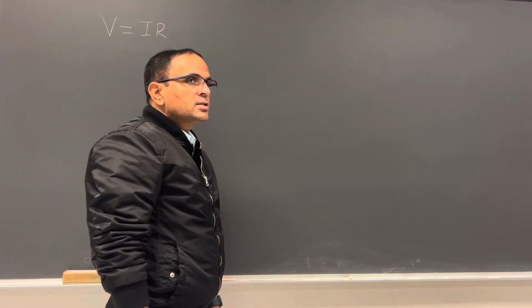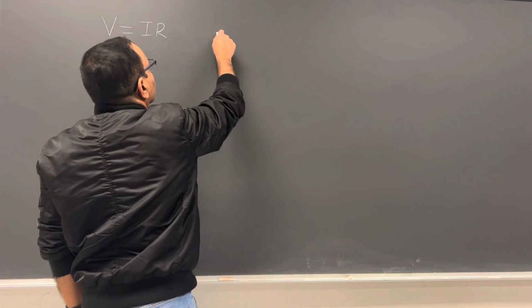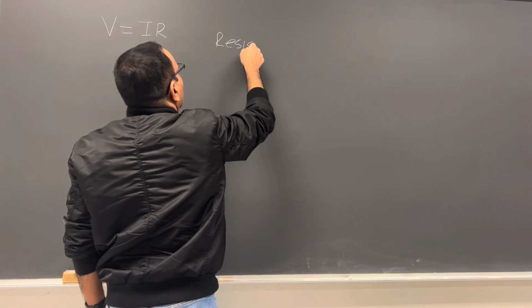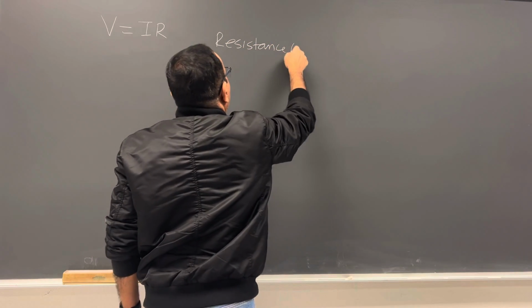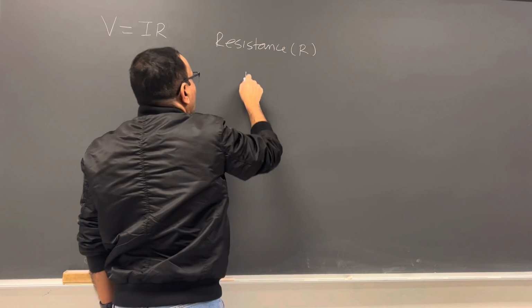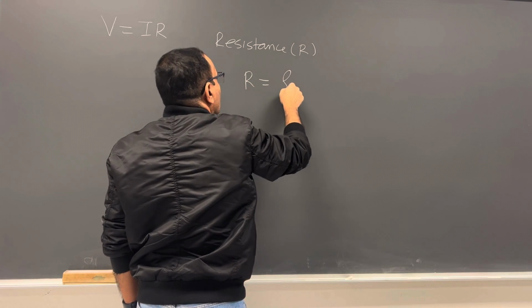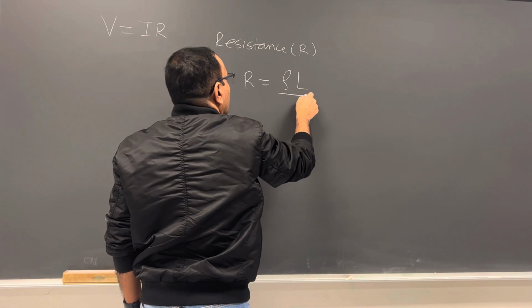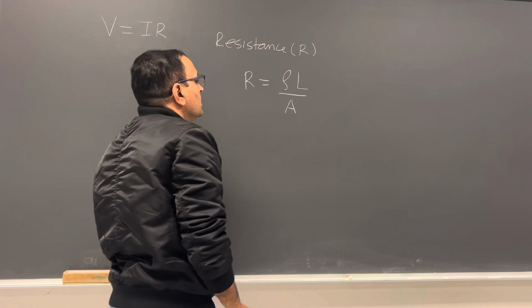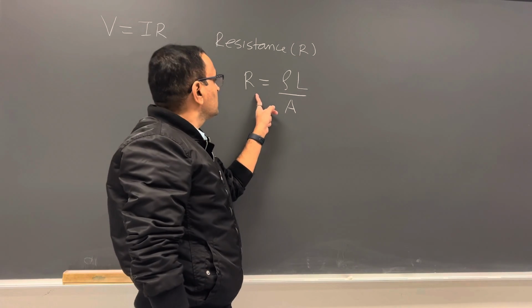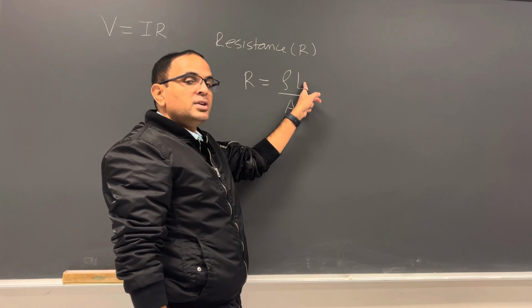We already discussed the resistance R, which is equal to rho L divided by A. Here R is the resistance, L is the length of the conductor.